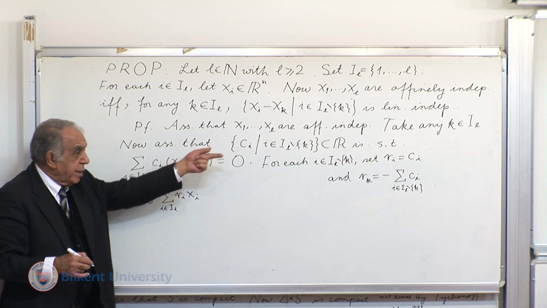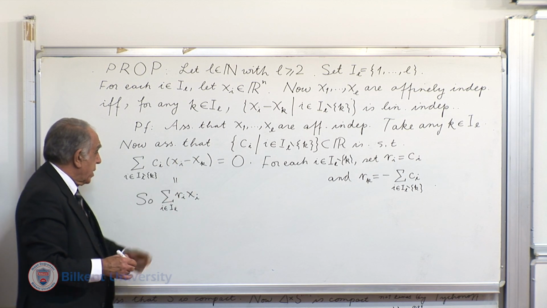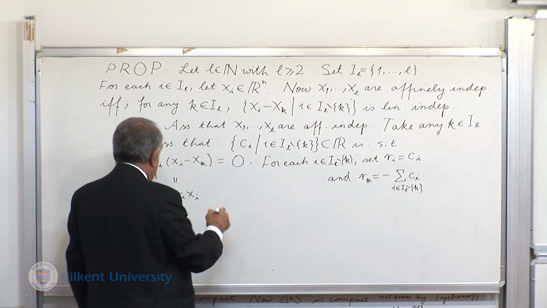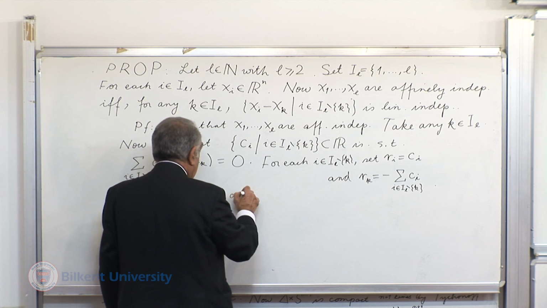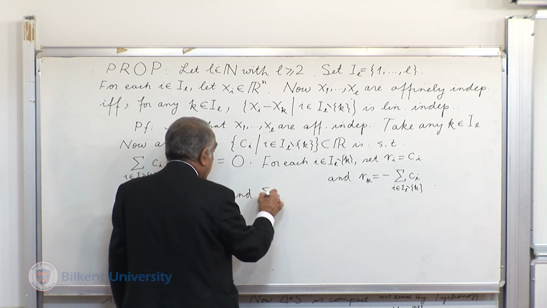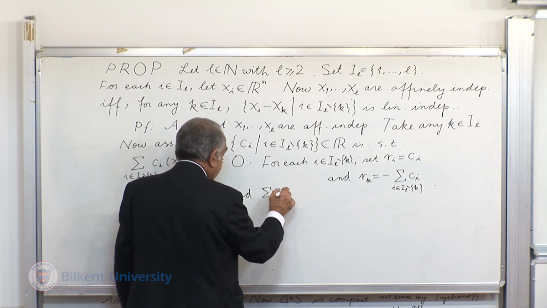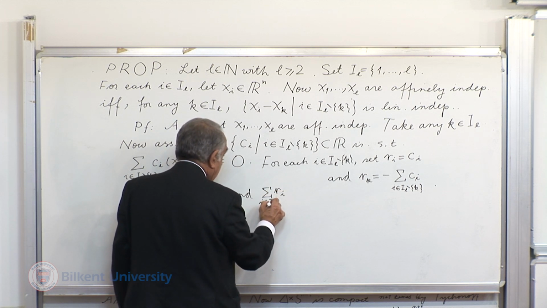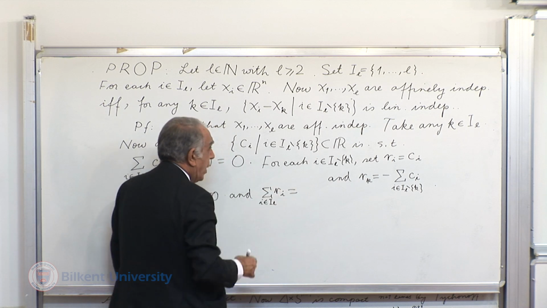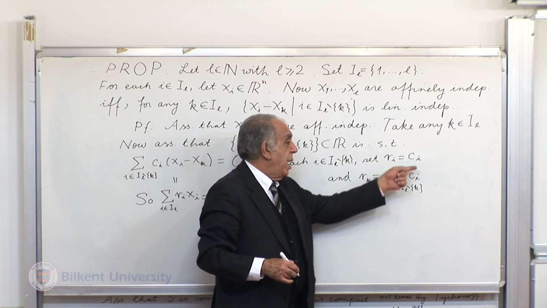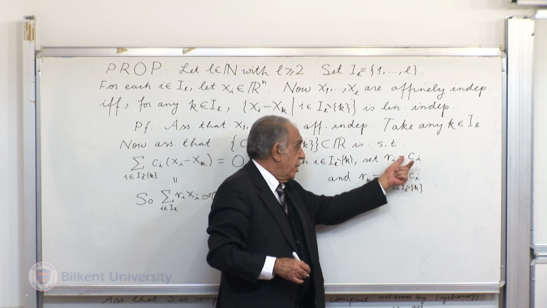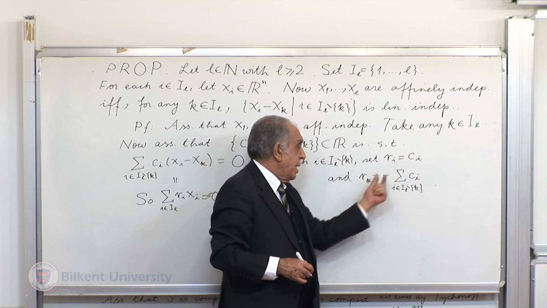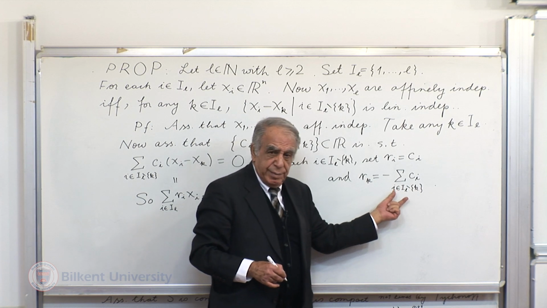I have just written r_i's as the coefficients of this. And this is equal to 0, and the sum of r_i's, i in I_L, what's that? Well, here you have the positive version of this sum. So the sum of this plus r_k, that's 0.